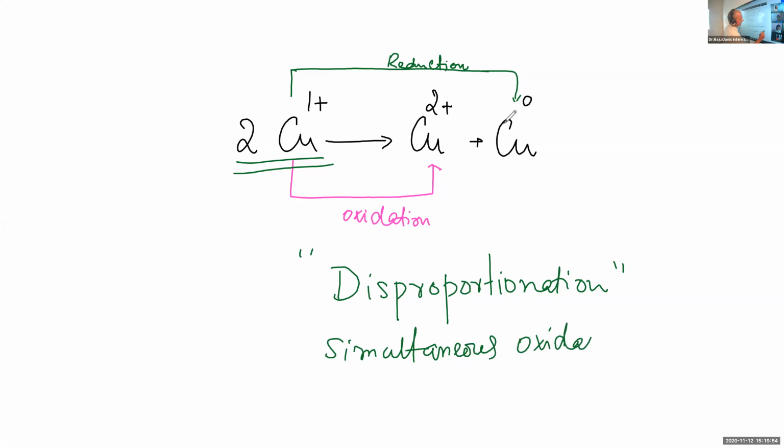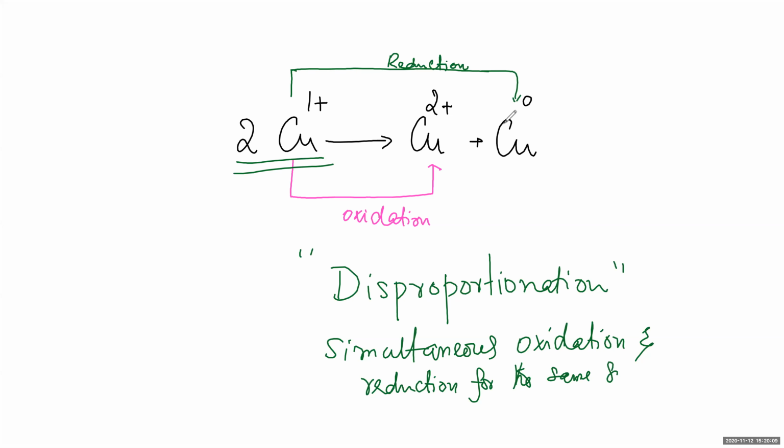Oxidation and reduction for the same substance, the same reactant. That is called a disproportionation reaction.